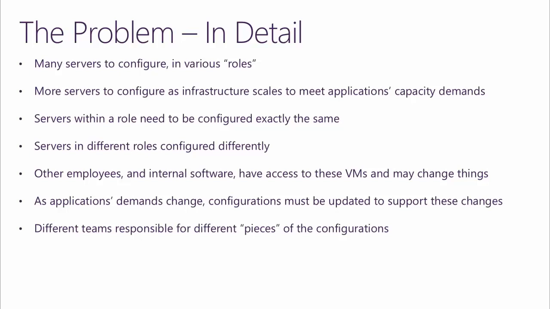that's different in different roles. So you might have web servers, you might have database tiers, worker tiers. So there's configuration specific to certain roles where every machine in the role should have the same configuration. There's configuration that all of your machines should have in addition to that specific role configuration. And sometimes there's server specific configuration as well.